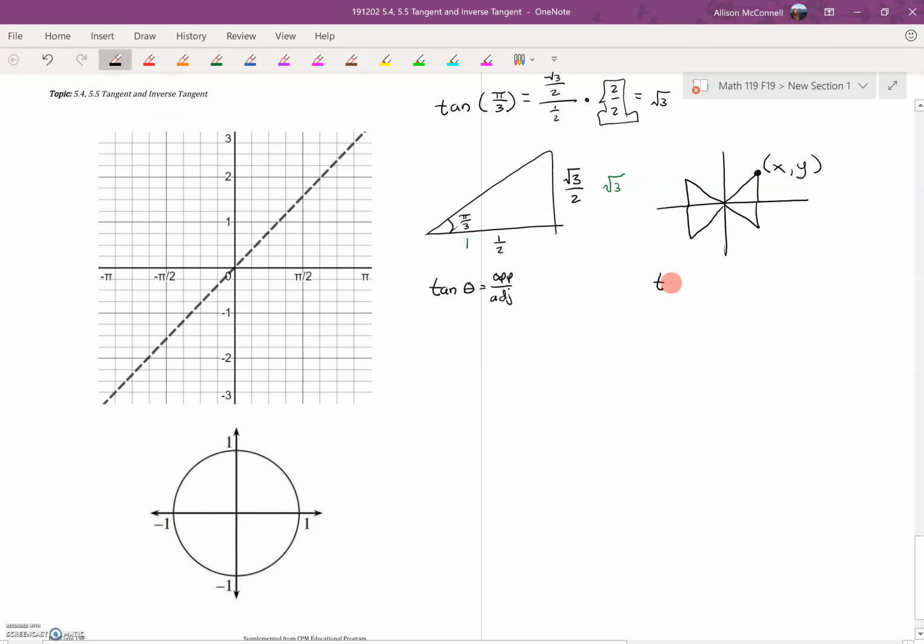And so you could think about this as tangent of theta equals the vertical length over the horizontal length. And of course, in a coordinate plane, that means that the tangent of theta is simply y over x.